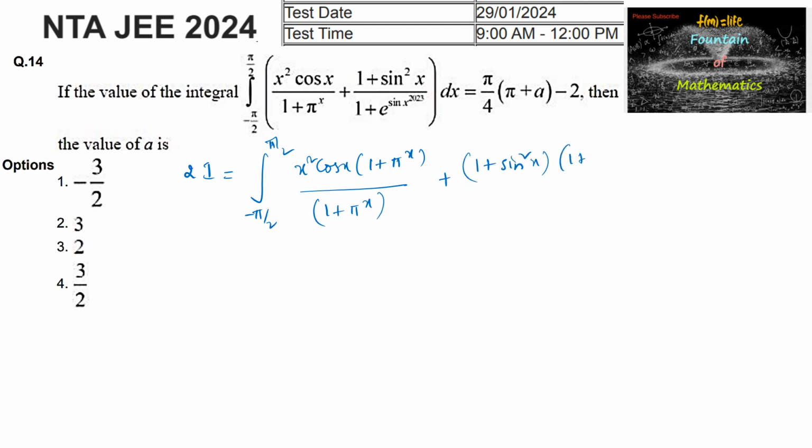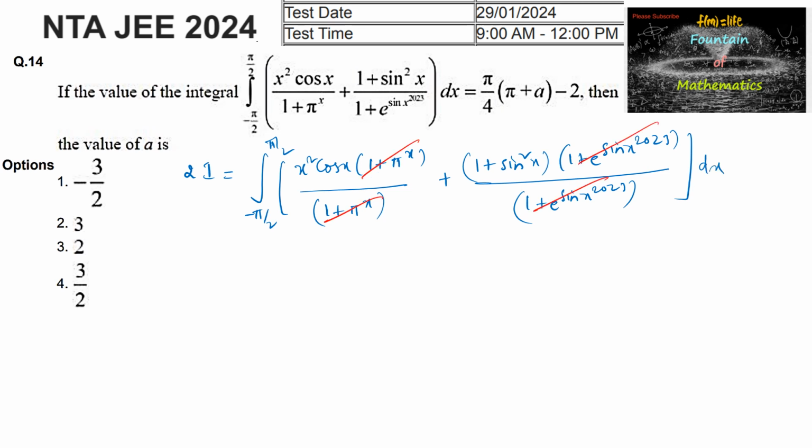So we get 1 plus e to the power of sine x to the power 2023 upon 1 plus e to the power sine x to the power 2023 whole dx. So we can remove this and you'll be getting 2I is equal to integral minus pi by 2 to plus pi by 2 of x square cos x plus 1 plus sine square x dx.